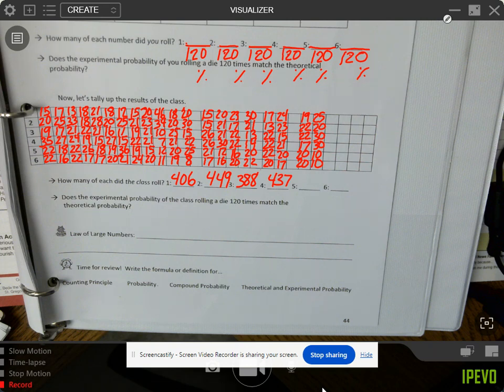I got 393. How many got 393? Okay, let's do our last one.